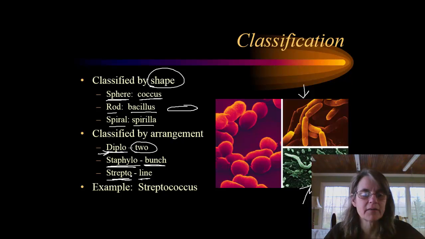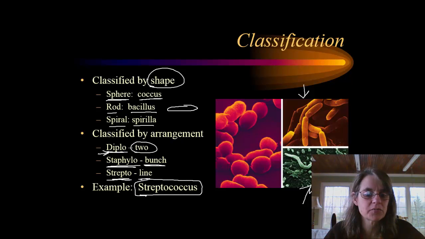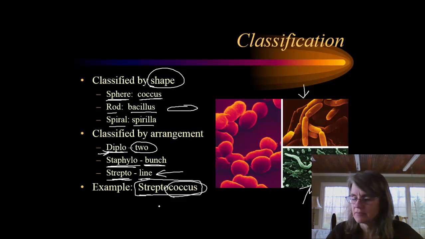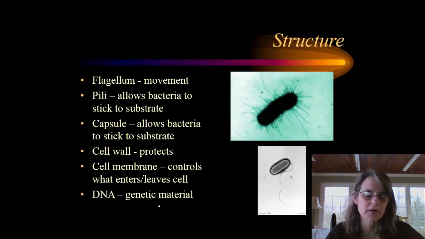So this might ring a bell if you have ever had strep throat. Streptococcus bacteria is what has been causing that most of the time. Strep throat is a chain of sphere-shaped coccus bacteria. Okay, so that's how that naming works. And of course, there are many more complex names than that, but it's a historically useful terminology.